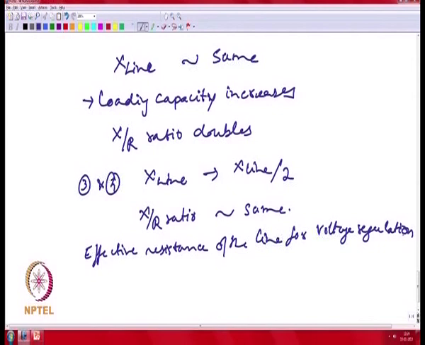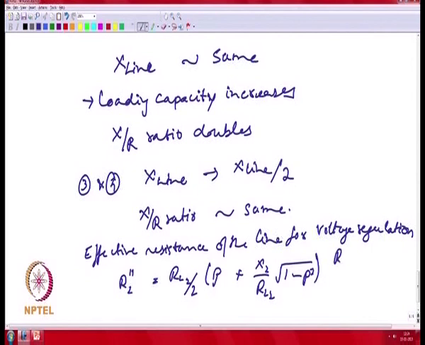For your voltage regulation calculation, your RL double prime is RL2 by 2 because your resistance is halved, but your power factor is P x2 by RL2.